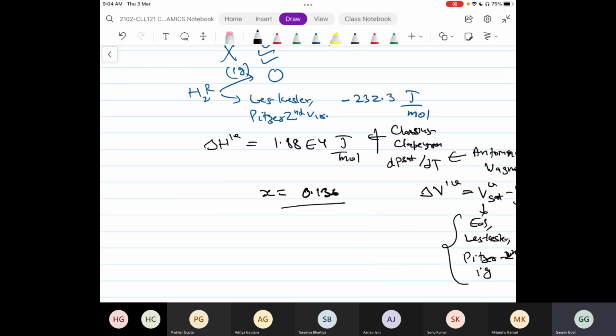So now one last aspect about using Lee-Kesler tables. Again, this is specific to this problem, but this can get repeated many times.